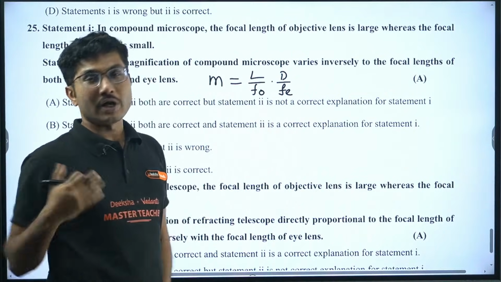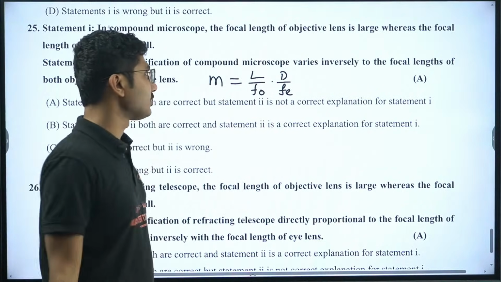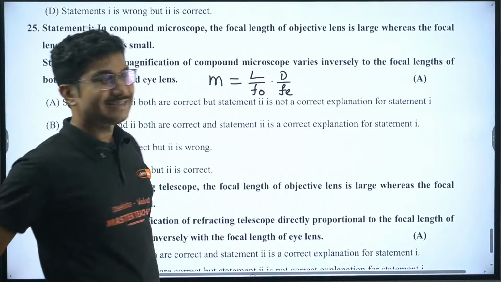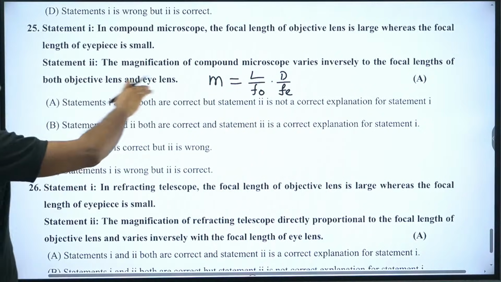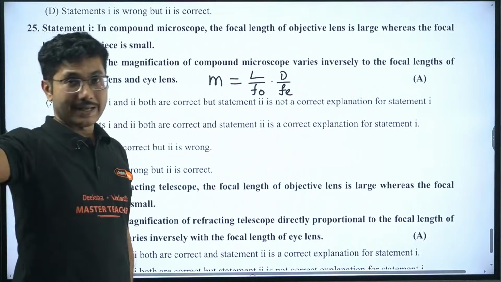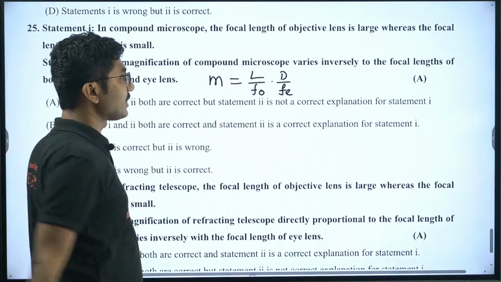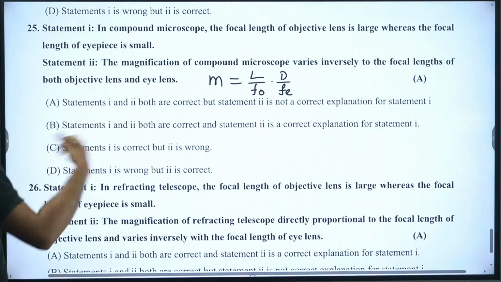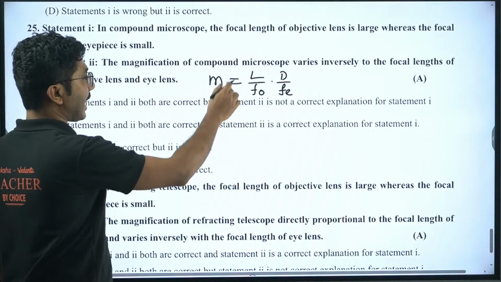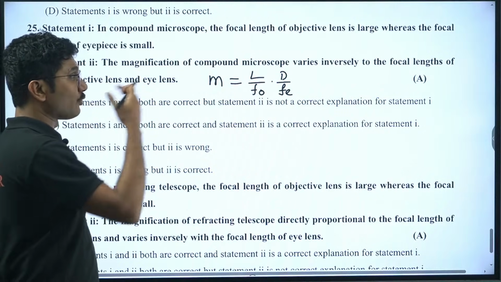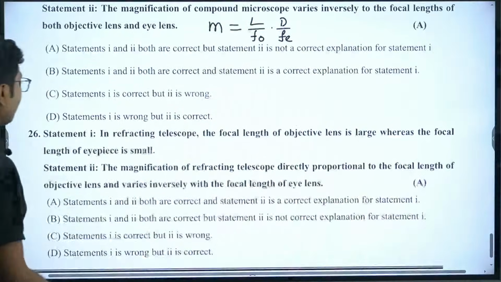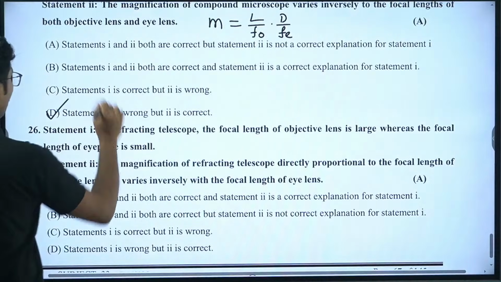Both focal lengths we try to keep as small as possible, and the second statement is definitely correct. For the case where the image is formed at infinity, we see the magnification given by this formula, where magnification is inversely proportional to FO and FE. So statement 1 is wrong, statement 2 is correct.